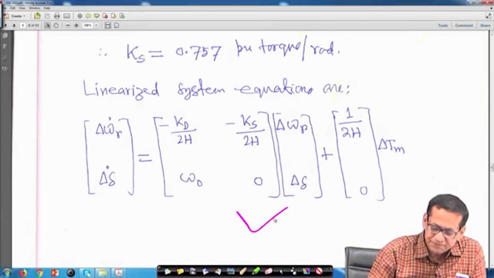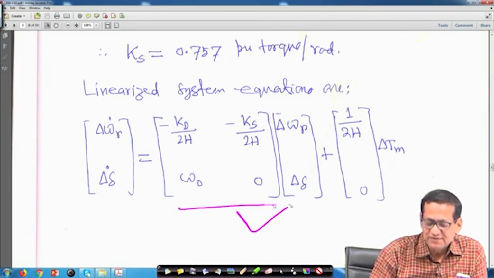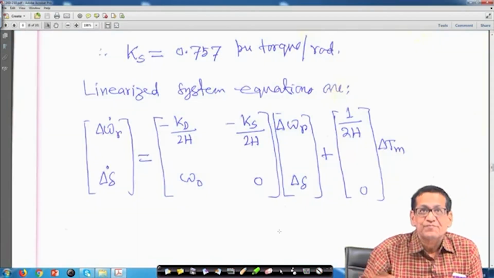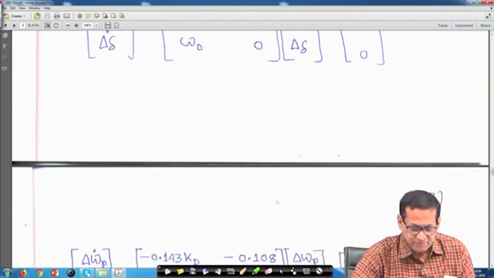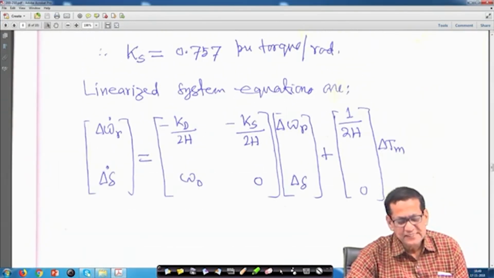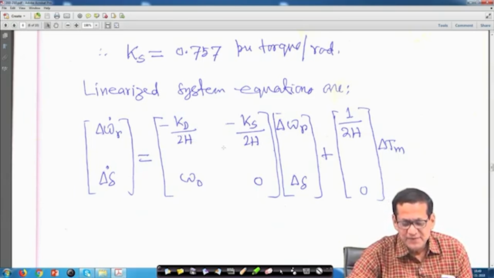So, earlier we derived this equation, right. Here K d we are using is equal to 10, the value of H is also given, and K s we have just determined, right.